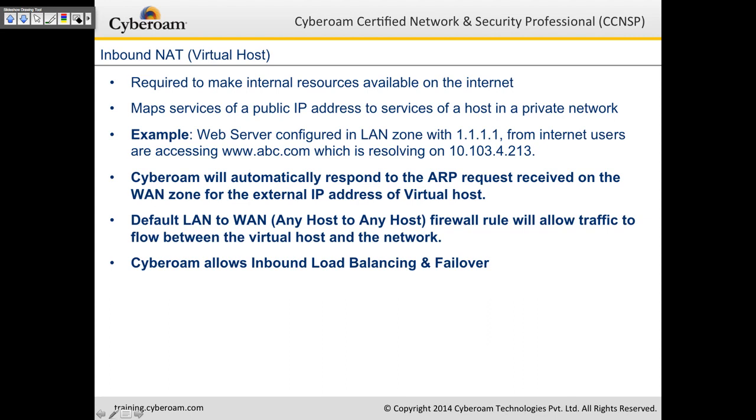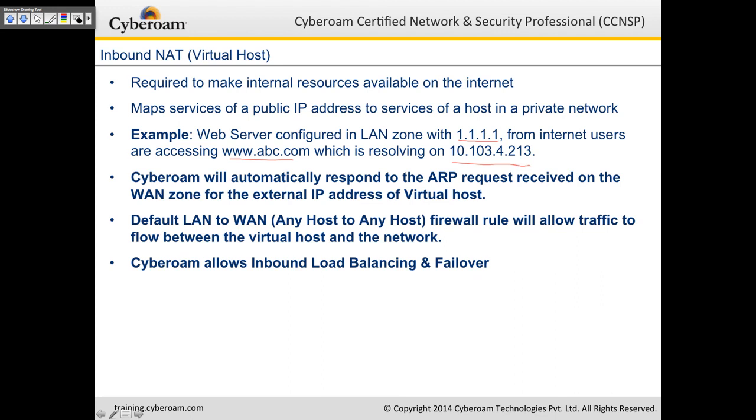A very good example would be a web server configured in the LAN zone with an IP address of 10.103.4.213, accessed from internet users by accessing abc.com, which is resolving to 1.1.1.1. The same way I showed you in the diagram. Users are requesting on a public IP address, but the website is resolving to a certain public IP address, and then you want Cyberoam to map or translate it to a private IP address.